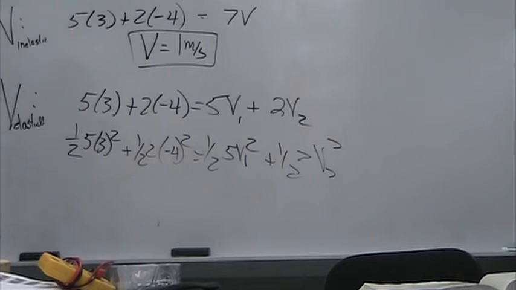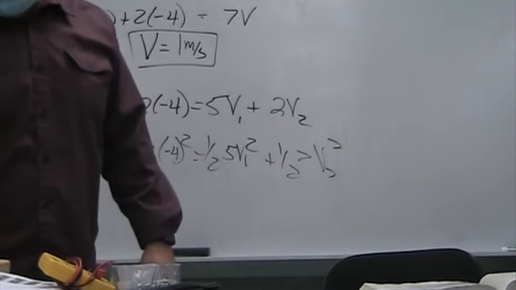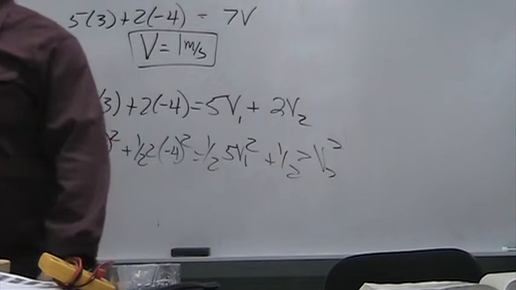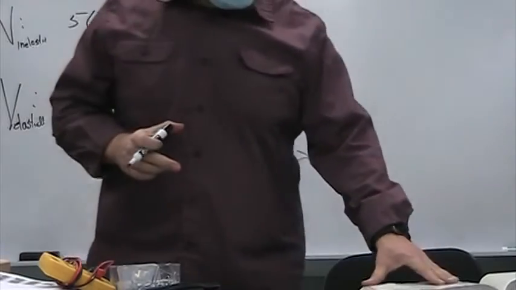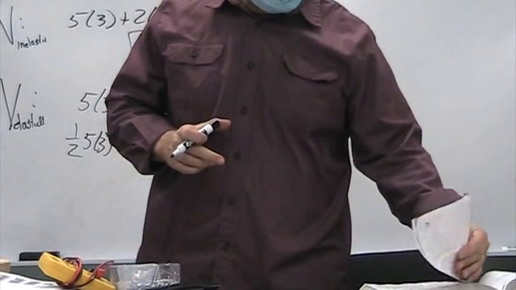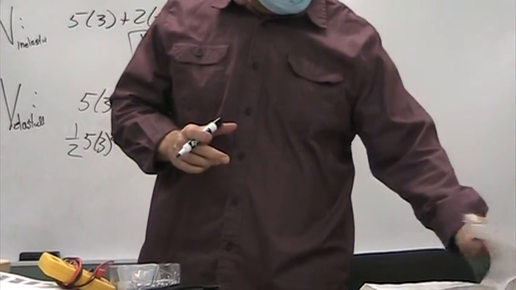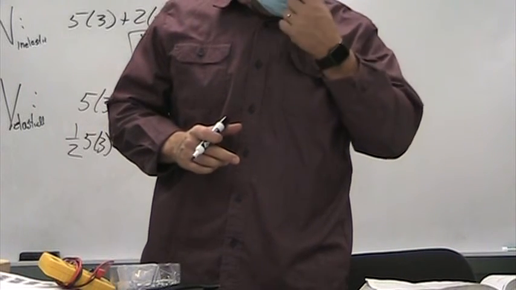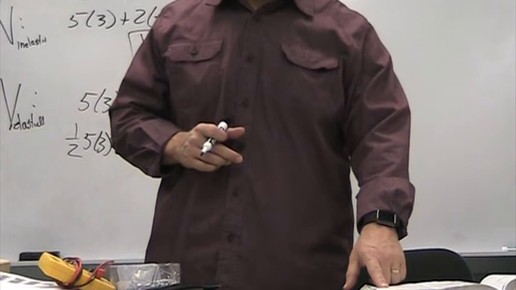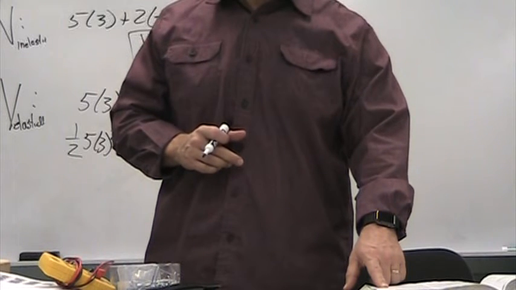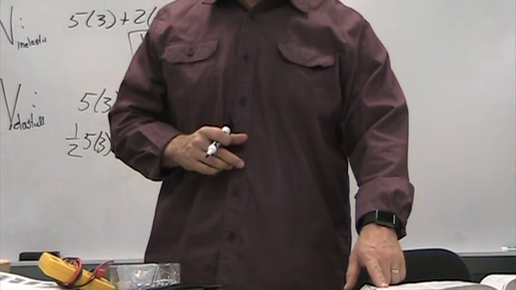Now, there is a problem in your book, I think it's the first set I gave you, number 12. Let me give you a hint on that one. When it bounces, it's an easy problem, but you have to do a cosine or sine in there.